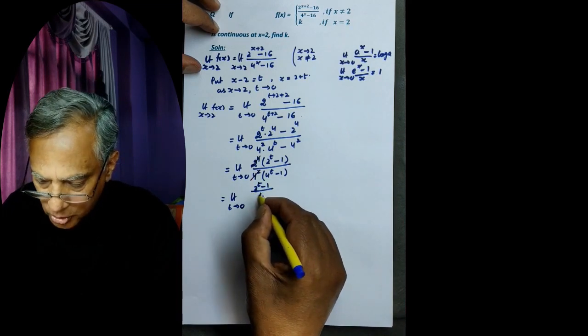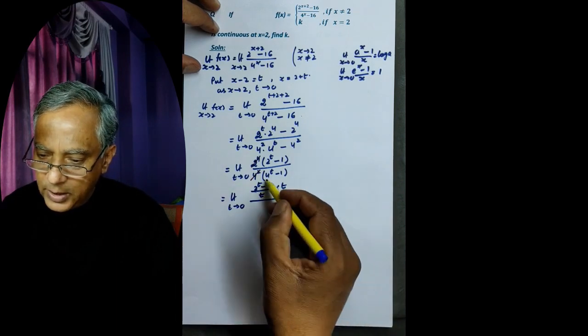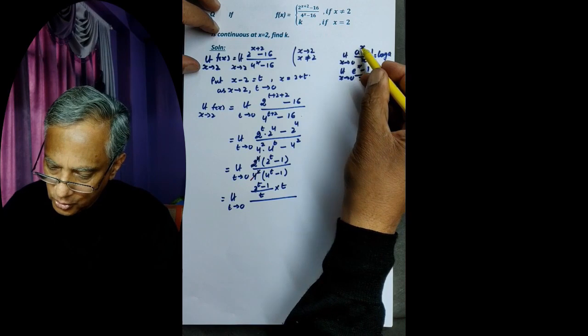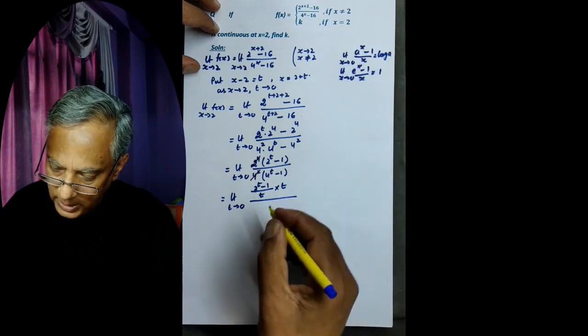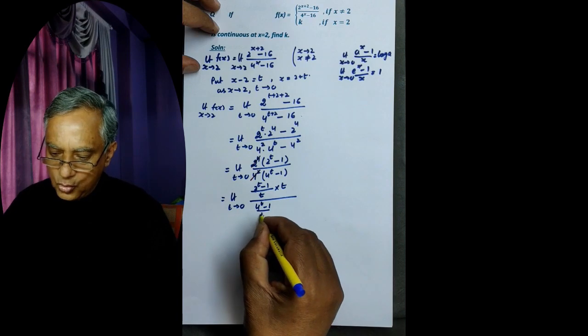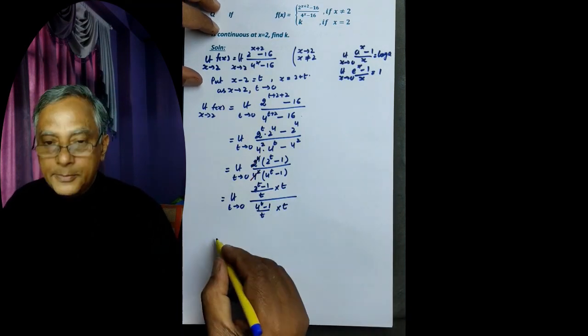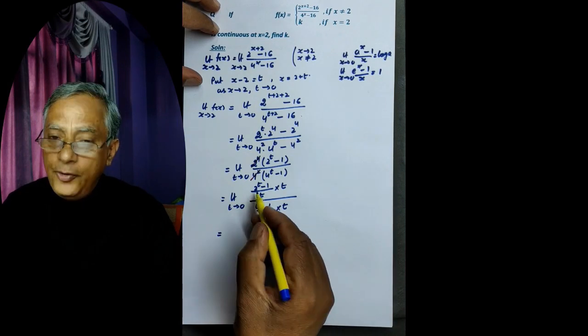And here also we have 4 to the power of t minus 1. So we need t here also: (4 to the power of t minus 1) by t into t. Now these two cancel and we get the answer as how much will this be? This is log of 2.